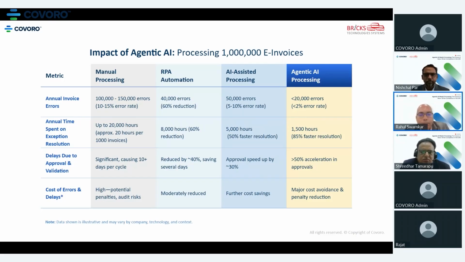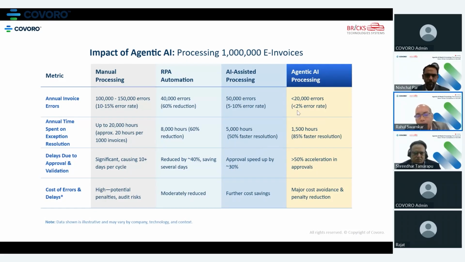So now, having understood how agentic AI helps in the entire process, let's see the global stats on what kind of impact it has per 1 million invoices. Typically, from a 15% error rate observed globally in manual processes, AI-based processes reduce it to 5 to 10%.